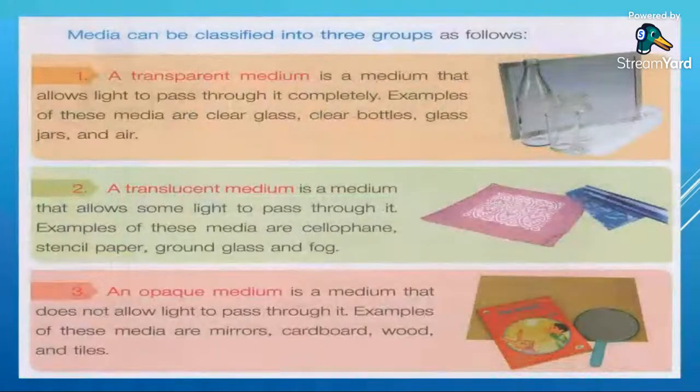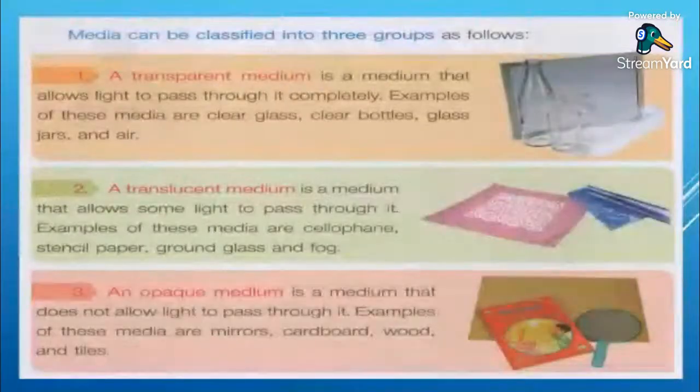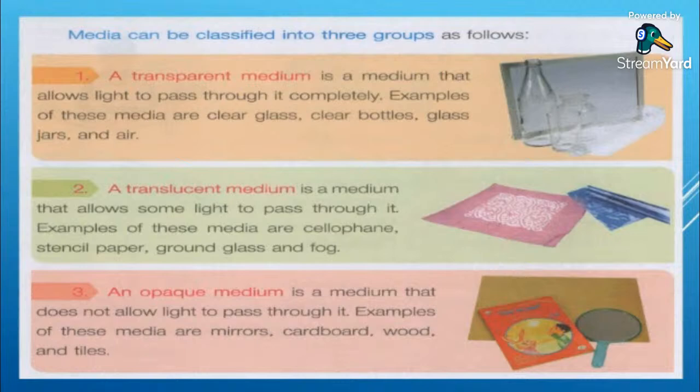These are the examples of media. Media can be classified into three groups as follows. We have transparent medium. Examples are clear glass, clear bottles, glass jars, and air. Number two, translucent medium.